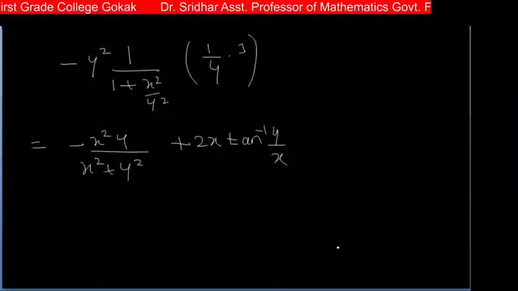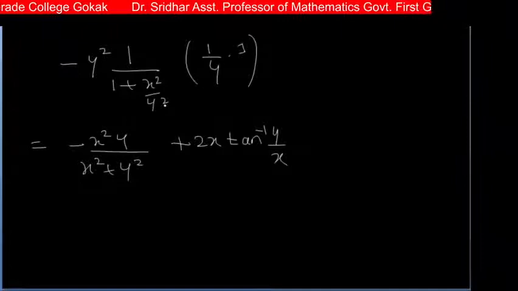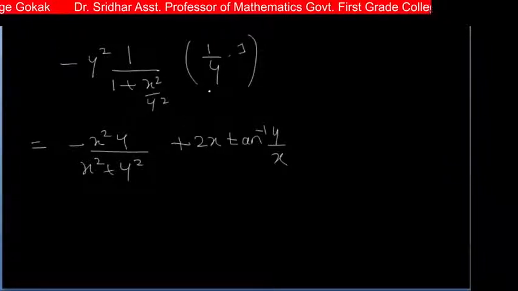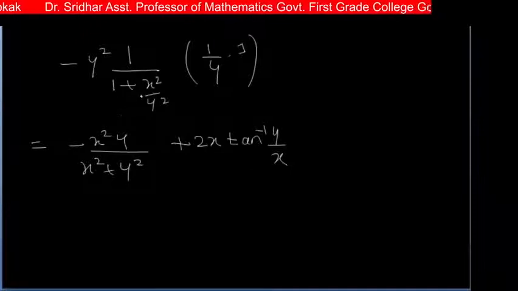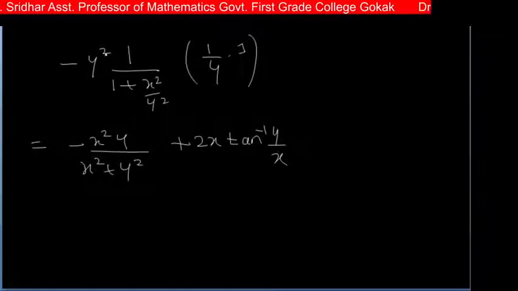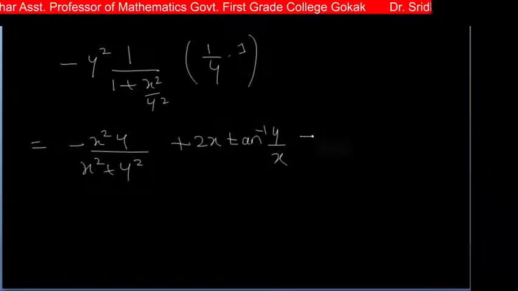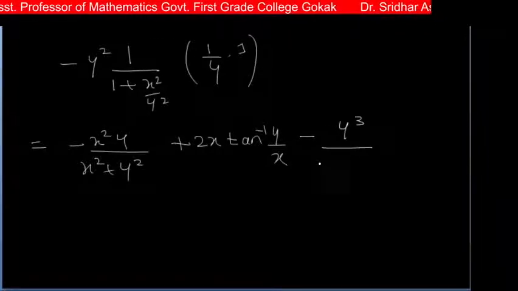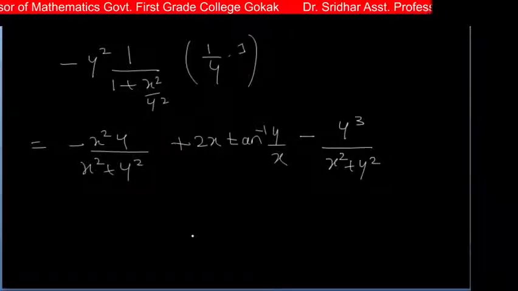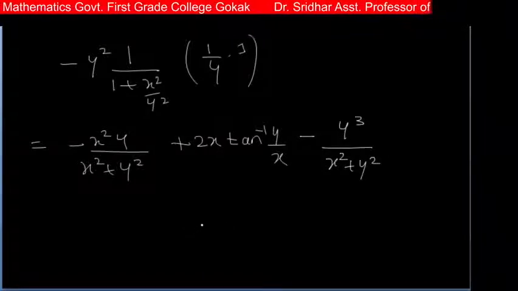Okay. Then in this case, here one y gets cancelled. Then you take y square as the LCM, so this y square comes in the numerator, so this becomes minus y cube divided by x square plus y square, right?